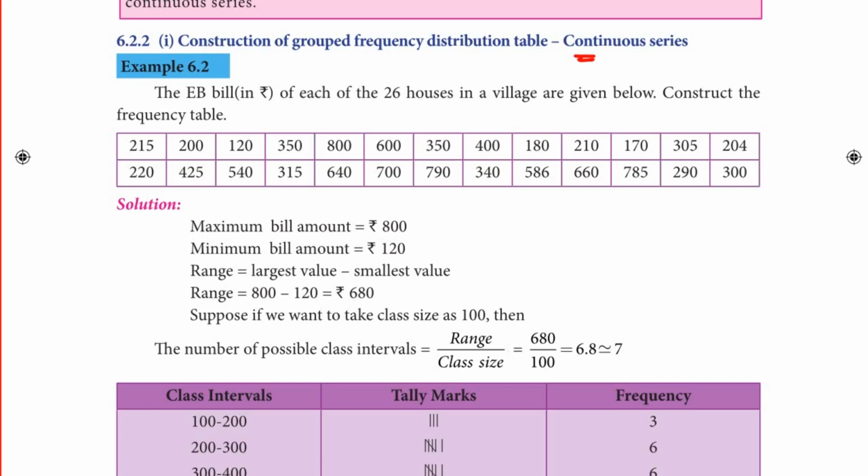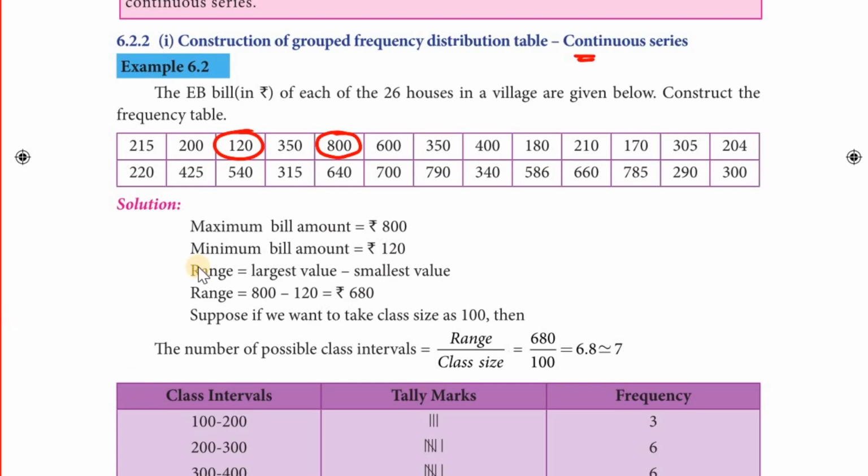See, 26 houses. What is the maximum billing amount over here? Look, 800. This is the maximum number. What is the minimum number? Look at the minimum number here, 120, the lowest number. So what is the range? Of course, largest minus smallest. So 800 minus 120 is 680.